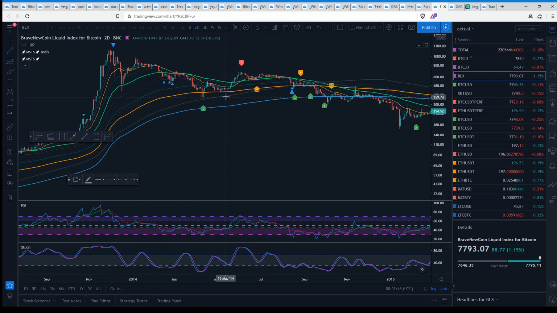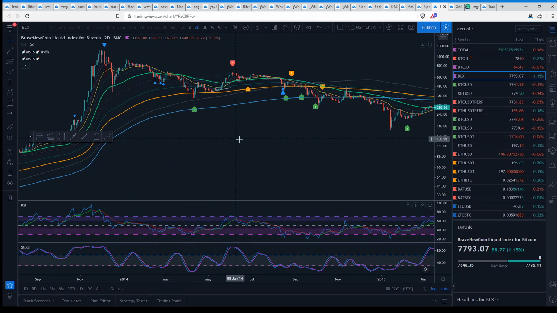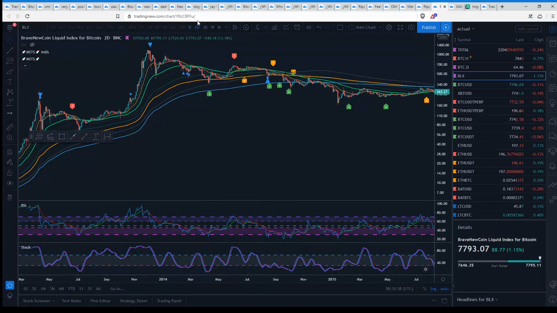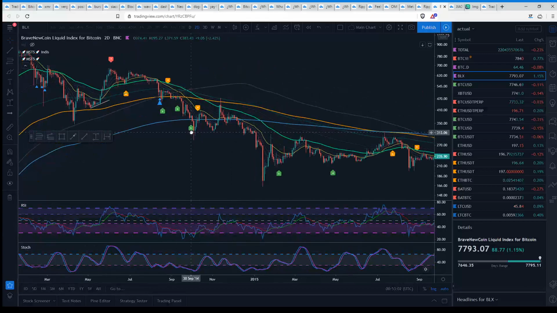Yeah, right here you have the RSI above the EMA, using it as support. You know that's probably going to be a pump, and then we have our confirmation of a bear market.